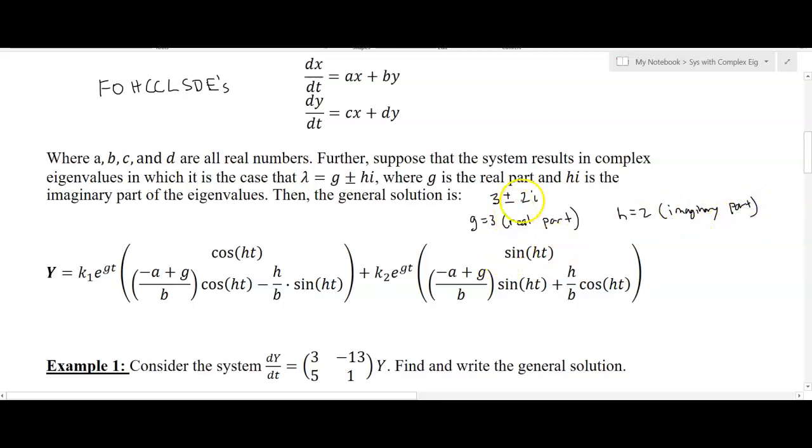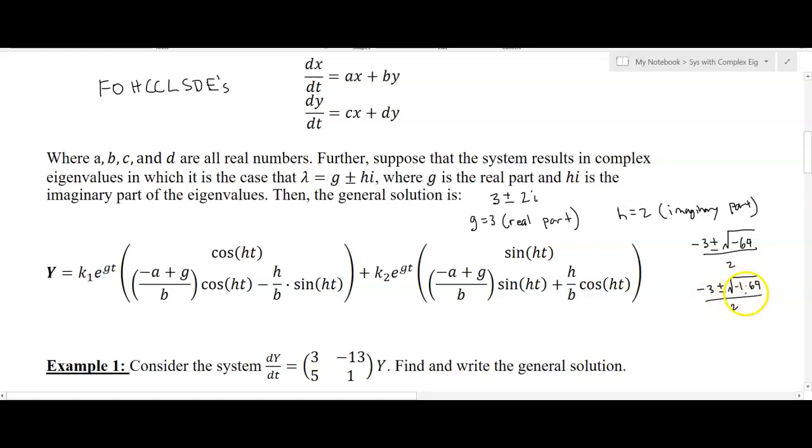What we mean by i is this: a lot of times when we take the square root of a negative number, for example when you use the quadratic formula, you might have had something like negative 3 plus or minus the square root of negative 64, over 2. What we would do with that negative 64 is break it up into two factors, one being negative 1 and the other being 64.